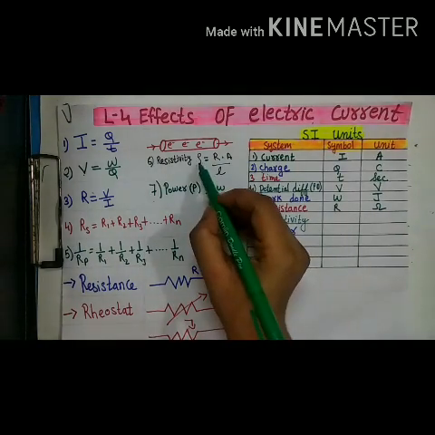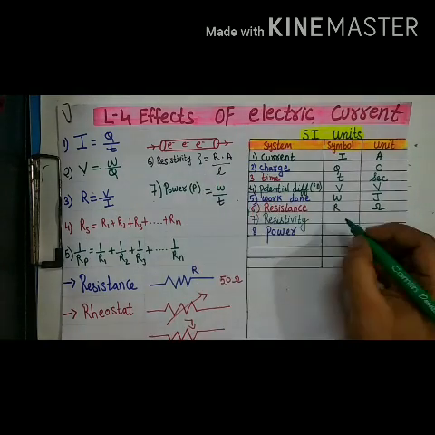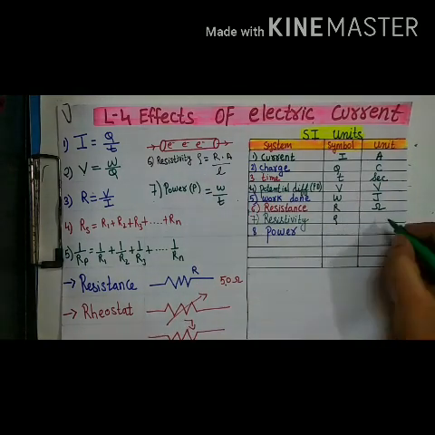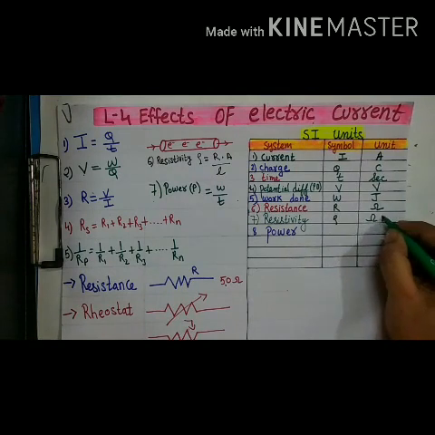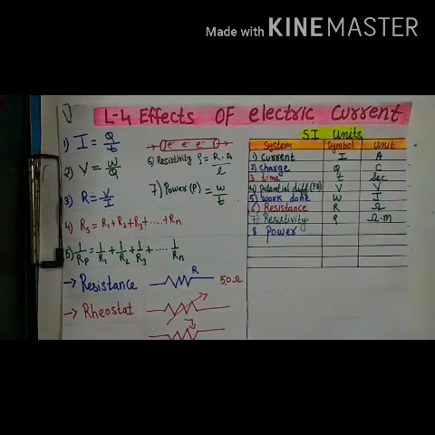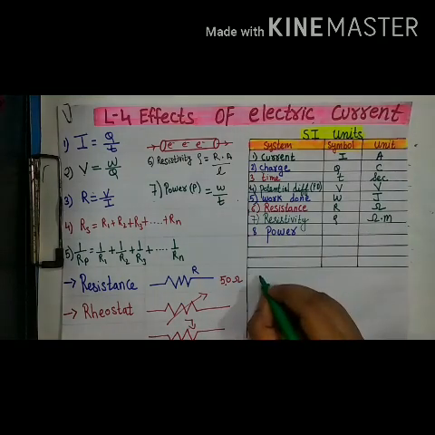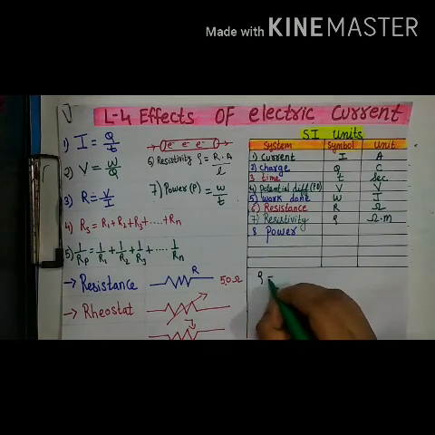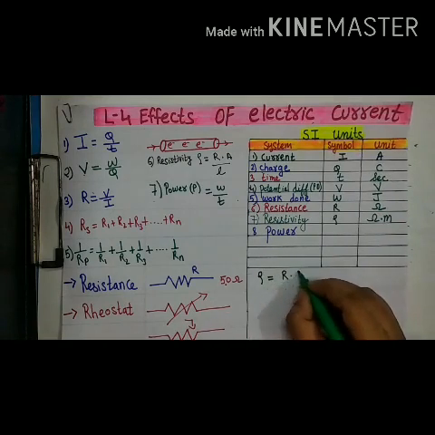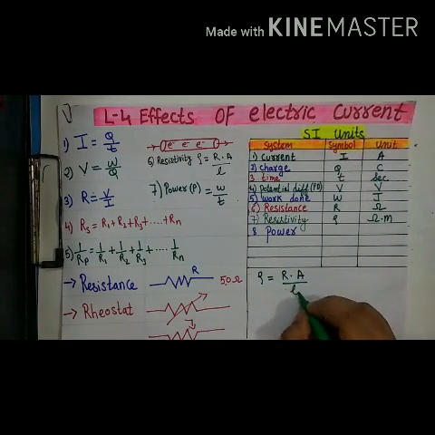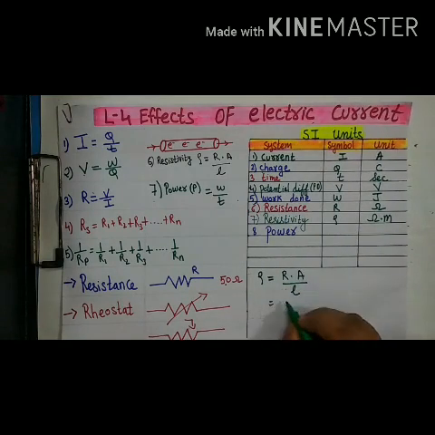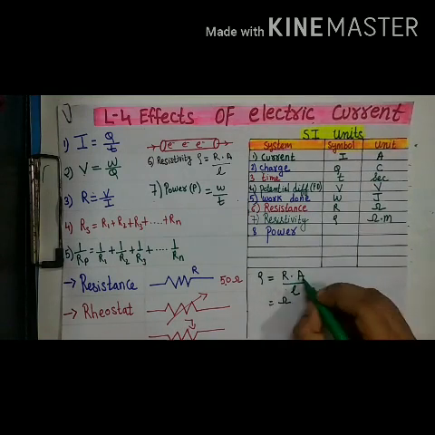Next, the symbol for resistivity is rho, and the SI unit of resistivity is ohm meter. How do we get ohm meter? The formula for resistivity is rho is equal to resistance into area upon length. The SI unit for resistance is ohm. The formula for area is length into breadth. The SI unit of length is meter and breadth is meter.